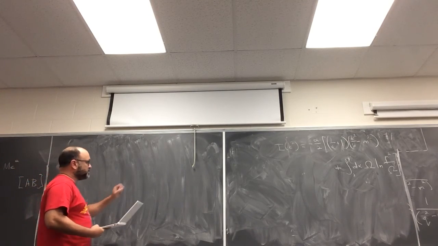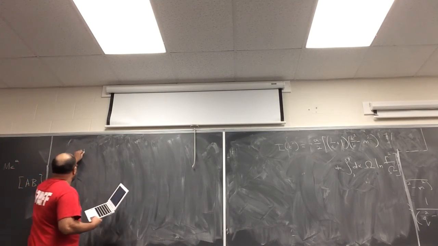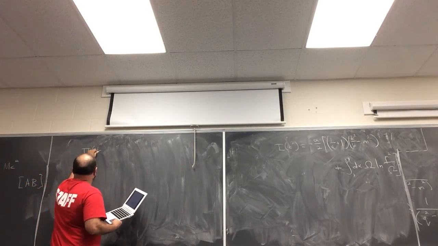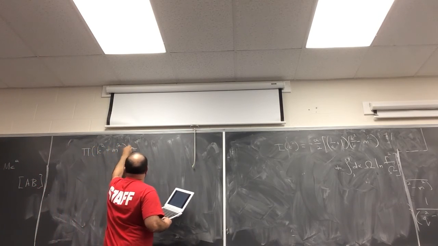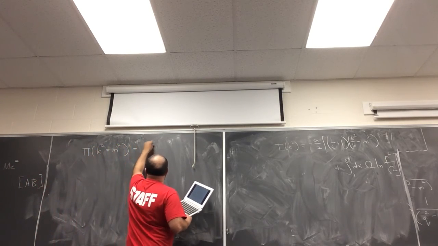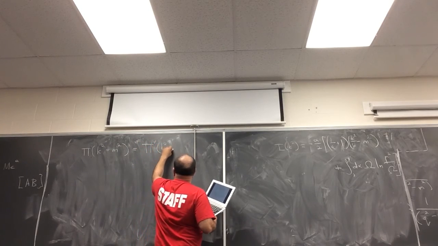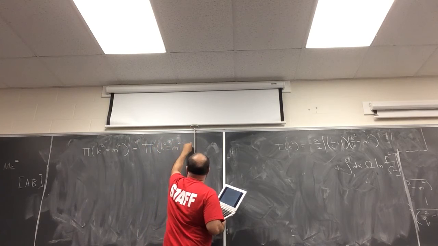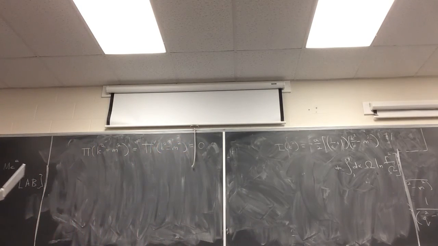Okay, so what we want to do is plug that into the expression that we have for the self-energy. We want to use these boundary conditions: when we set k squared equal to m squared, both the self-energy and its derivative vanish.